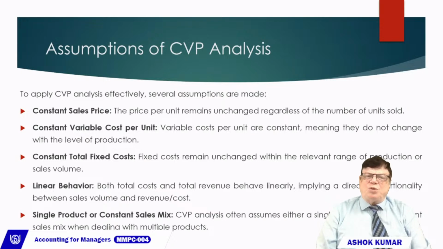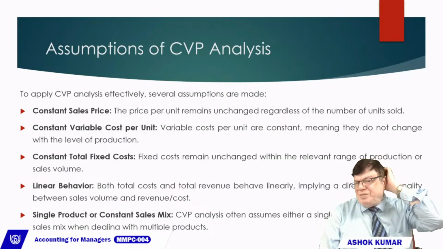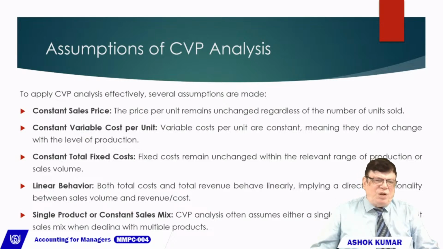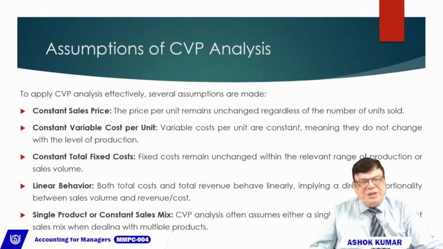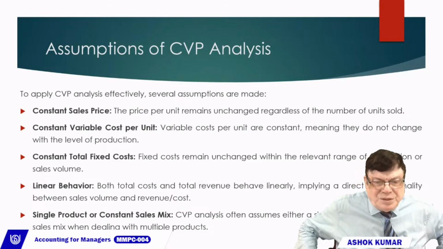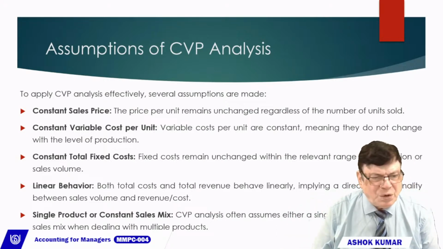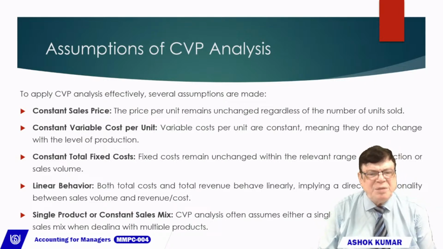Then constant fixed cost. Fixed costs remain unchanged within the relevant range of production or sales volume. Linear behavior, both total costs and total revenue behave linearly, implying a direct proportionality between sales volume and revenue, cost. Single product or constant sales mix. CVP analysis often assumes either a single product or a constant sales mix when dealing with multiple products.